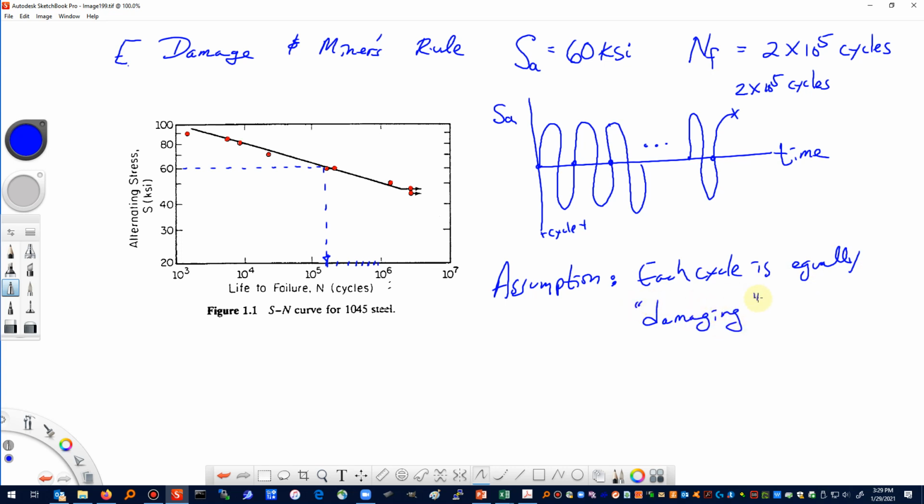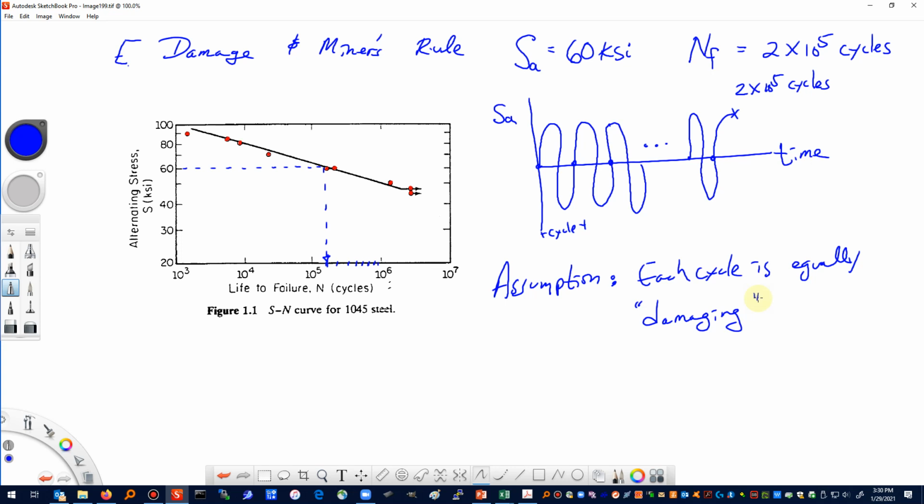The assumption is that each cycle is equally damaging. Is that really a good assumption? I think we'll see for the most part in the context of our fatigue analysis it is. When we get into fracture analysis and fatigue crack growth, that may not be a good assumption.